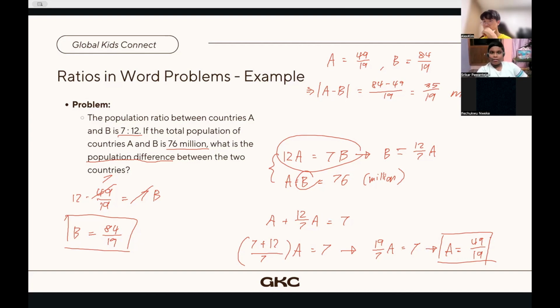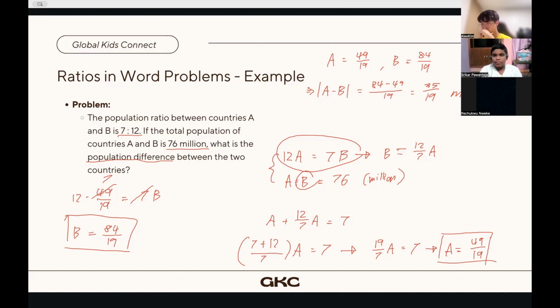Okay. Yeah. Sorry. Alex, name is Alex, right? Yes. Okay. I do not know what you did here, but the answer is supposed to be 20 million. I thought that you would add this and the 12, and it will give you 19.